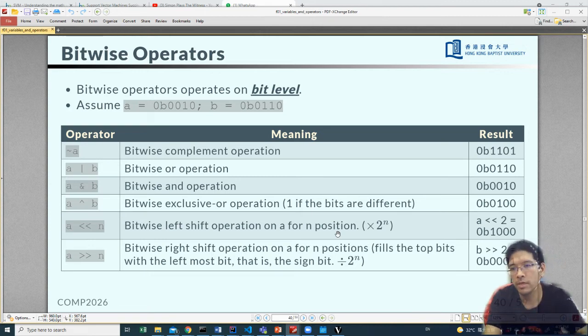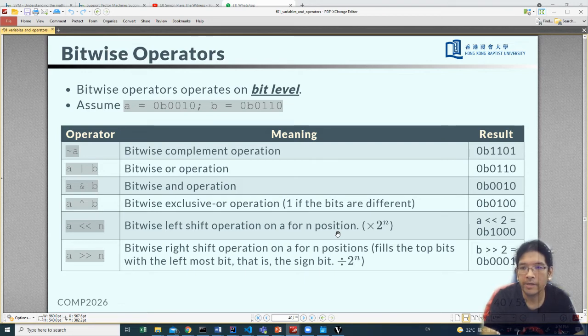Now look at this one. Assume A equals 0b0010 and B equals 0b0110. What does that mean? A number prefixed with 0b means it is in binary format. So in this case, A equals the value 2, because the second bit is 1, so that is 2 to the power 1. B is 0110, which has the decimal value of 6.